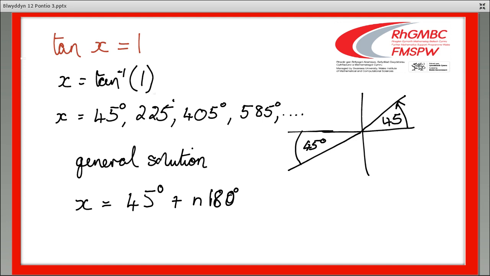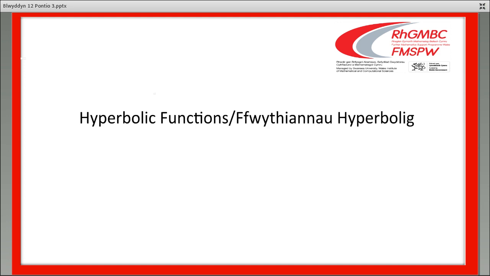Now, those are trigonometric functions. In year 13, for further maths, you will also study hyperbolic functions. They are specific functions, but they follow very closely alongside the trig functions.